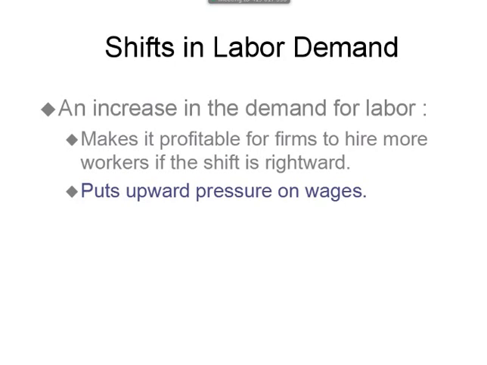Also, though we have not discussed it there, in general an upward shift in a demand curve means prices go higher. As we know, the price here in this case is wages, so wages may be higher.